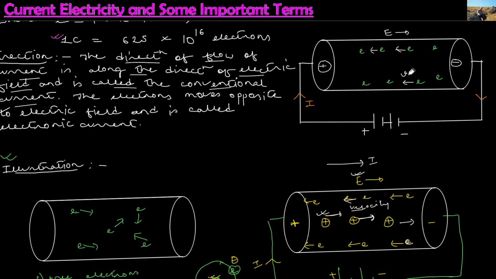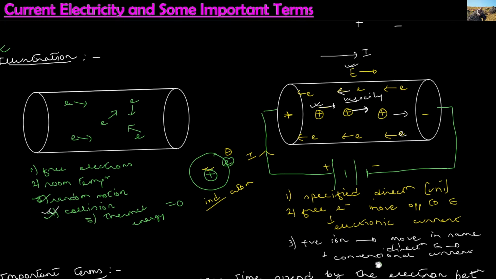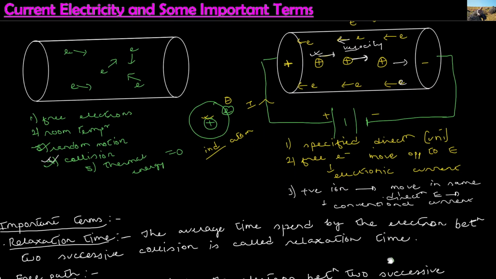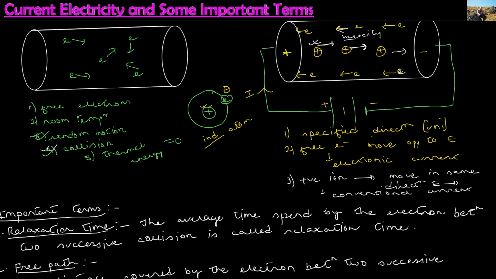This velocity with which they move towards one end of the conductor is what we define as the drift velocity, denoted by Vd. But during the course of the journey, there will be some collision between the electrons.